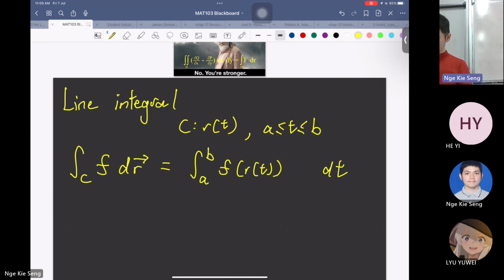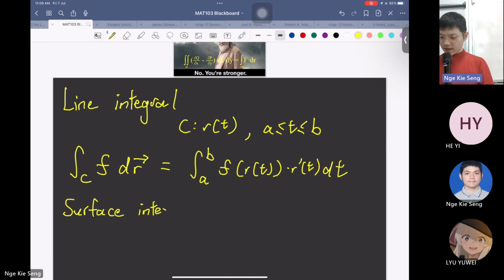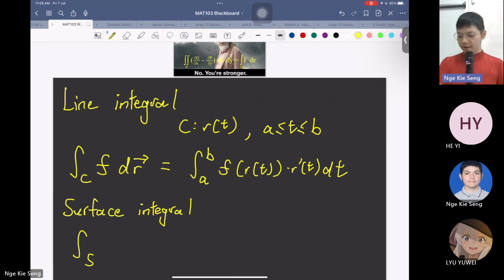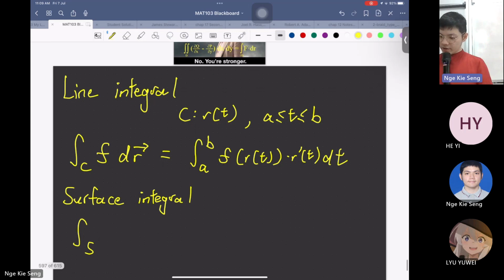You need a Jacobian. The Jacobian in one variable is just the tangent vector. Similarly, for higher dimensional integration, for example, we want a surface. Let's call our surface X. How many variables do we need to parameterize our surface?